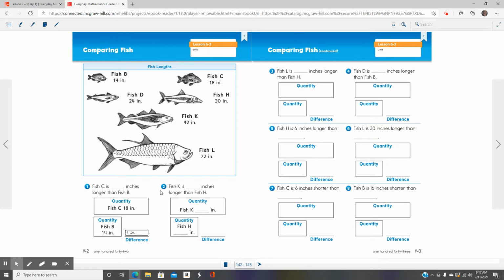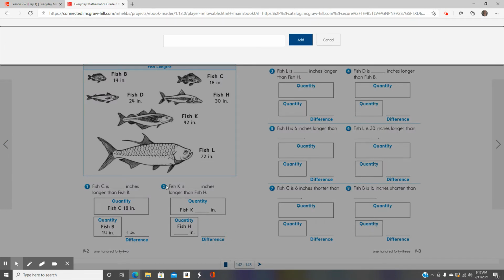Now let's go to number 2. Fish K is blank inches longer than fish H. So fish K was put in the larger quantity box because he is associated with a larger number. In fact, if you look here at fish K, he's 42 inches long. He is going to be the larger number.